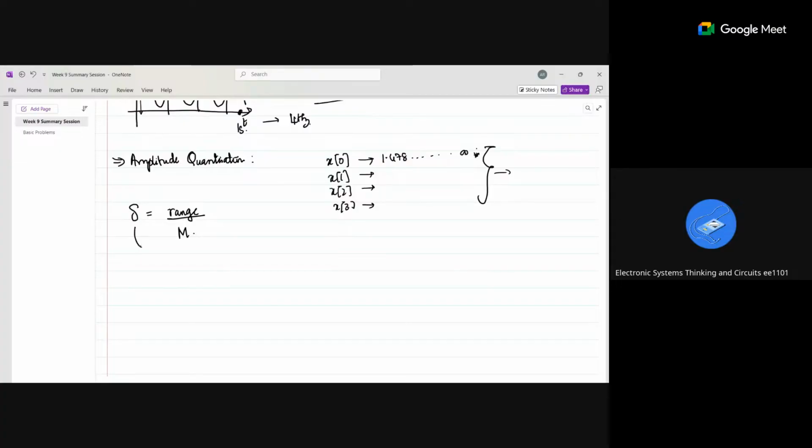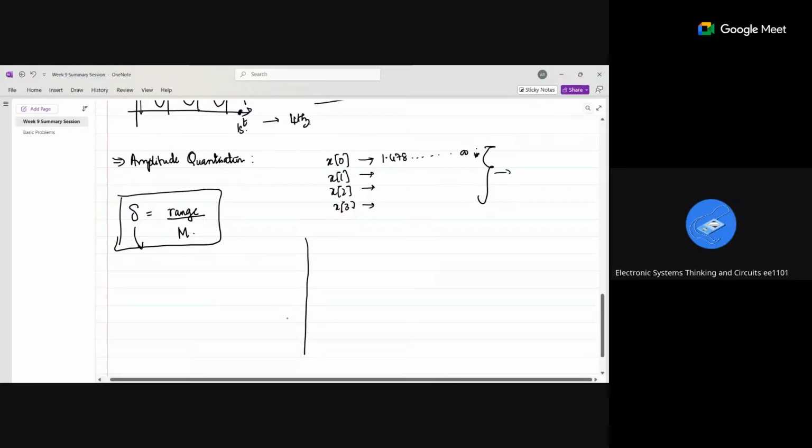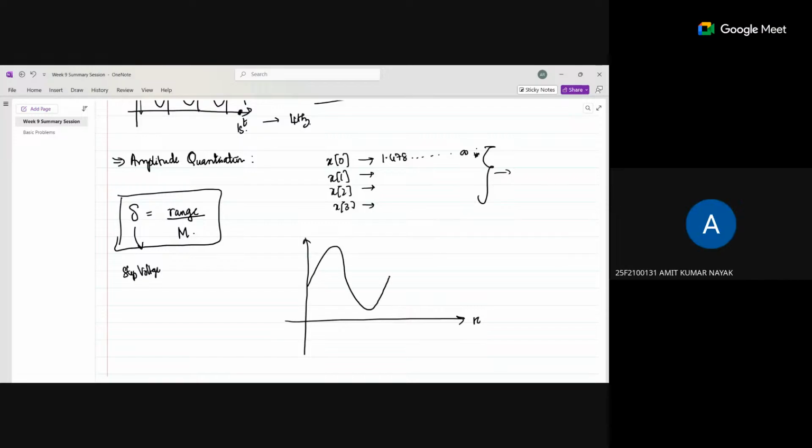Here, what is delta? Do you guys know this formula? Delta is equal to range by m. Delta is the step voltage. Yes, step voltage. What is m? Levels.